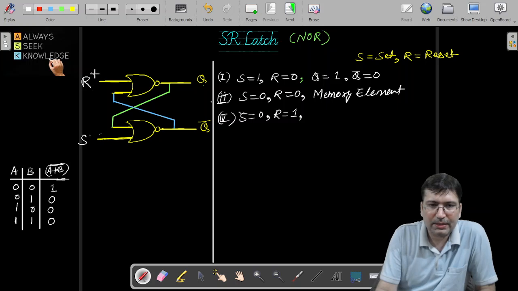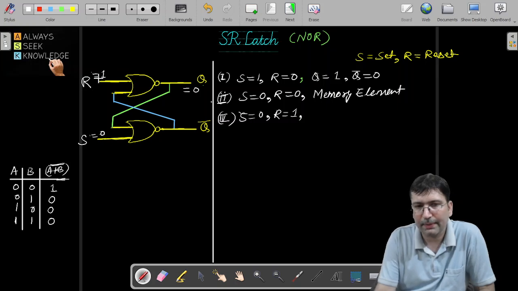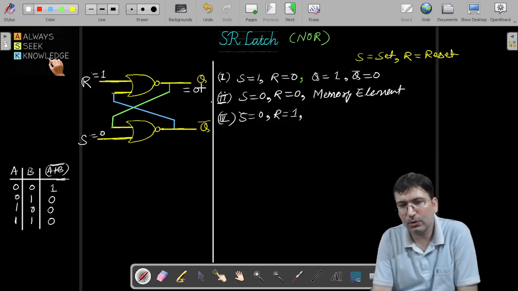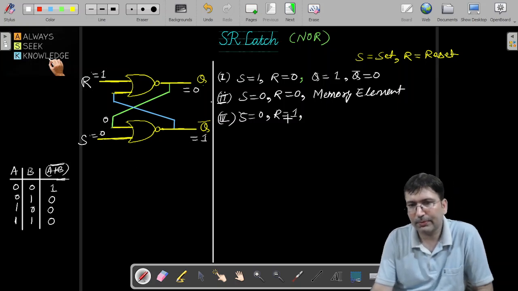So if reset is high, this pin is 1 and S as 0. So if this is 1, Q is going to be 0 definitely, because this NOR is getting 1 input as high. In that case, it will generate low output. And this 0 will propagate here, and then both the 0s will give us 1. So Q bar is going to be 1. So in that case, Q is 0 and Q bar is going to be 1.